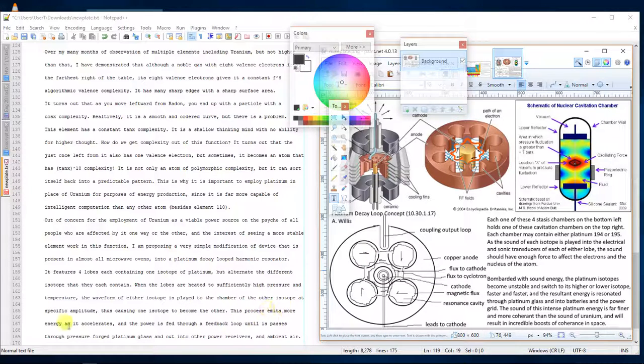This process emits more energy as it accelerates. So you can imagine 4 samples of platinum doing that at the same time, and the power is fed through a feedback loop until it passes through pressure forged platinum glass out into other power receivers and ambient air.